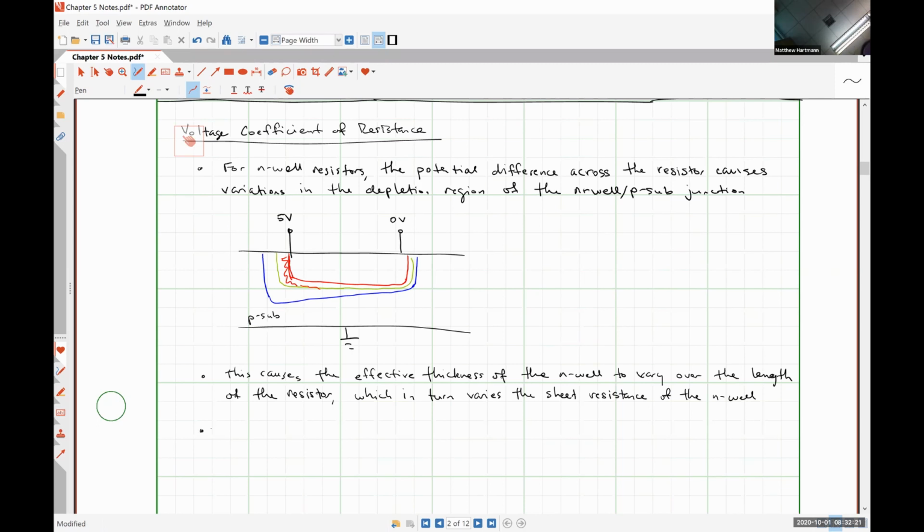And we should see that as the reverse bias voltage increases, the average resistance of the N-well also increases.